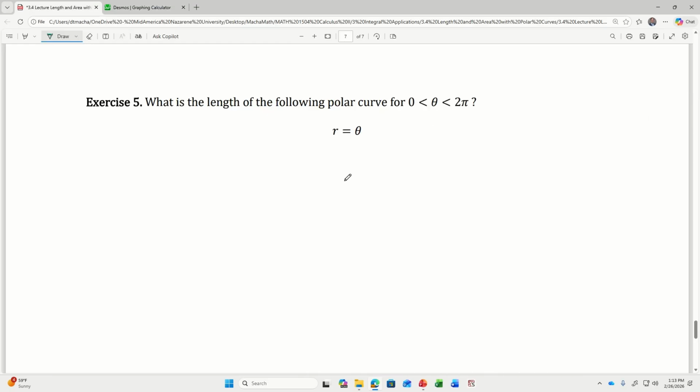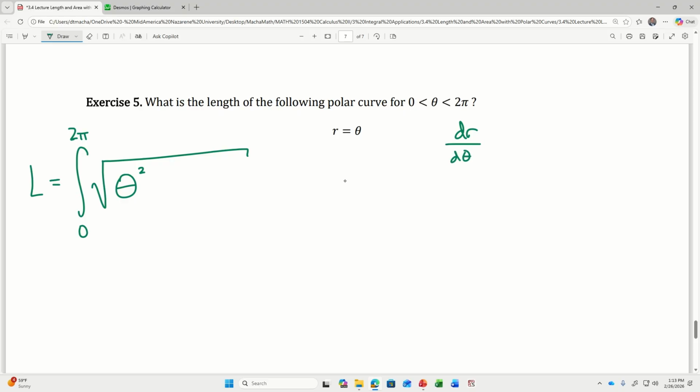Let's see what we get. The r squared part is going to be theta squared. Dr d theta is 1, so if I square that, it'll still be 1.